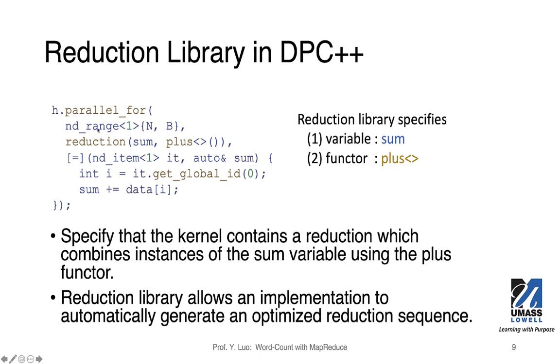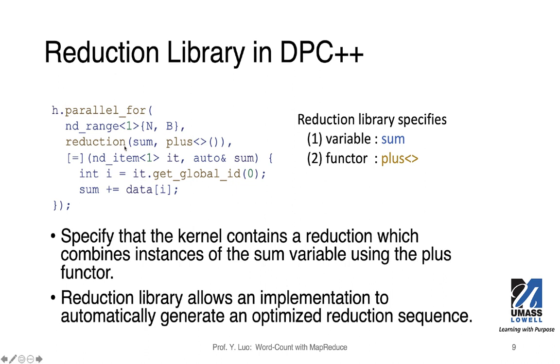So essentially, this nd_range will allow this parallel_for kernel to go over all the instances, using B as the number of work items in a work group.